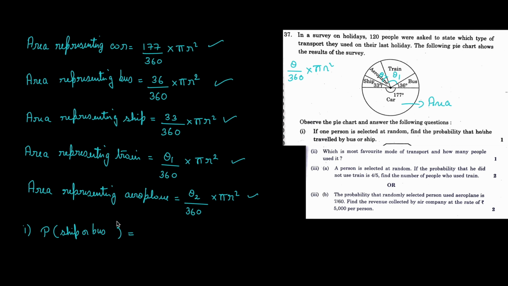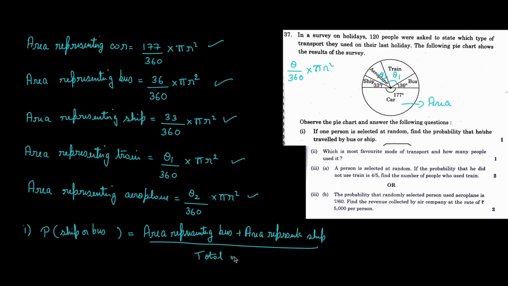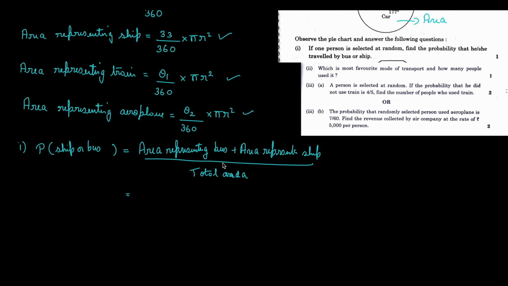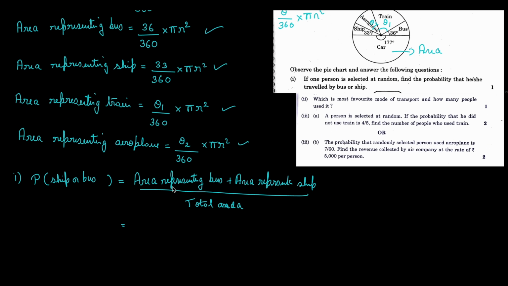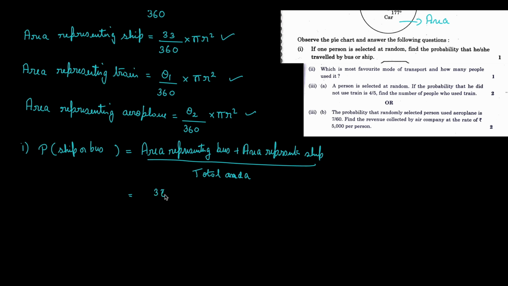Now the probability of ship or bus will be the area representing bus plus the area representing ship divided by the total area. The area representing bus will be 36 by 360 into pi r square plus 33 by 360 into pi r square, divided by the total area of the circle, which is pi r square.